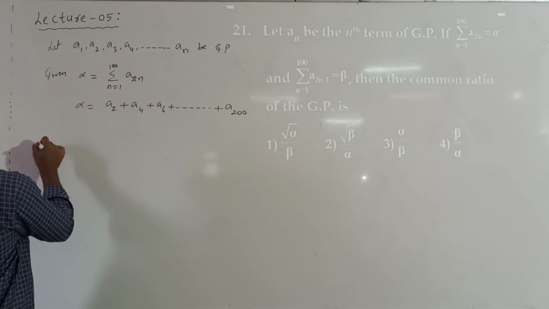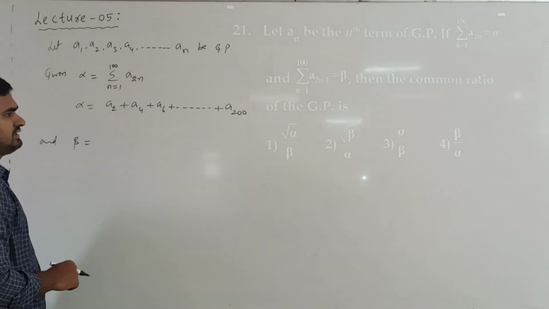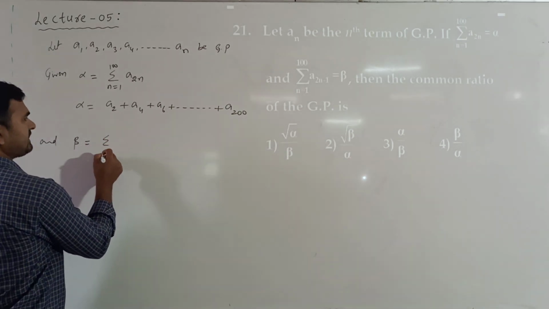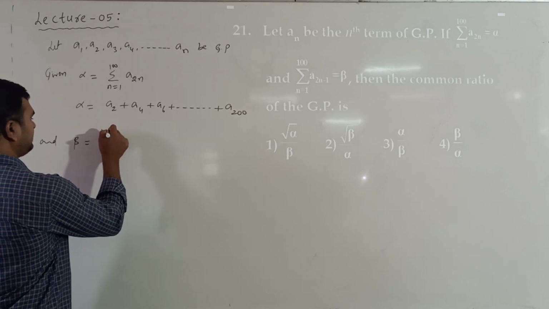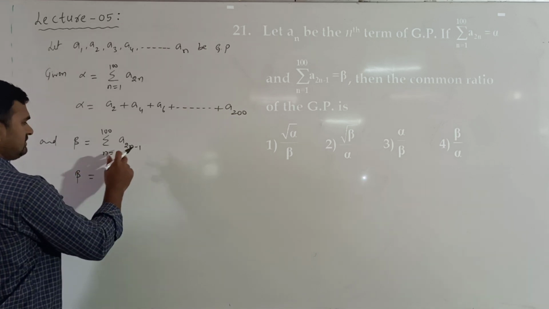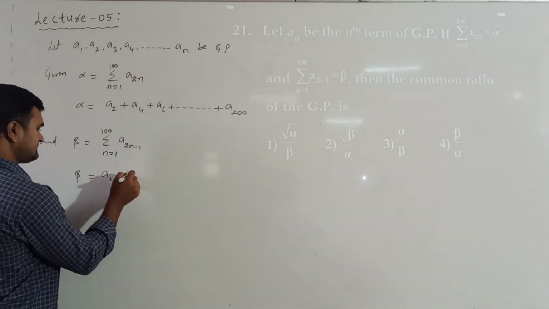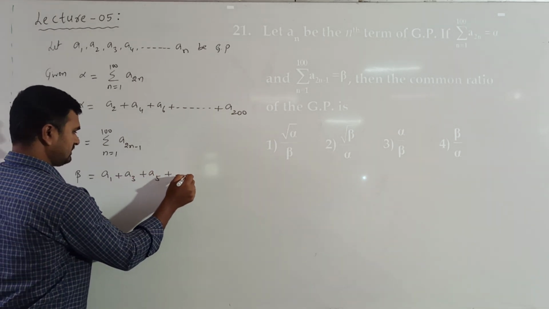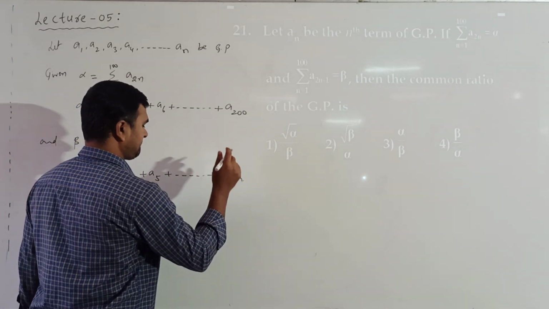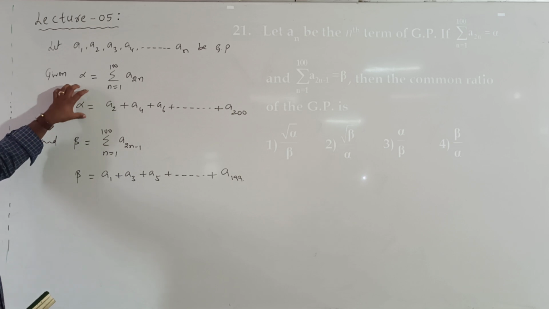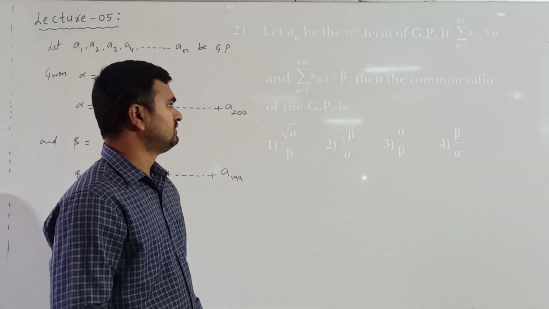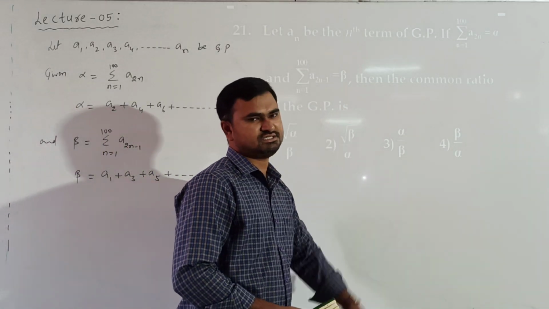Next, beta is given as sigma from n equal to 1 to 100 of a_(2n-1). So expanding the summation, we get a1 plus a3 plus a5 up to the last one, which will be a199. So these are the alpha and beta values, given in terms of summation. Now we need the common ratio of this GP.